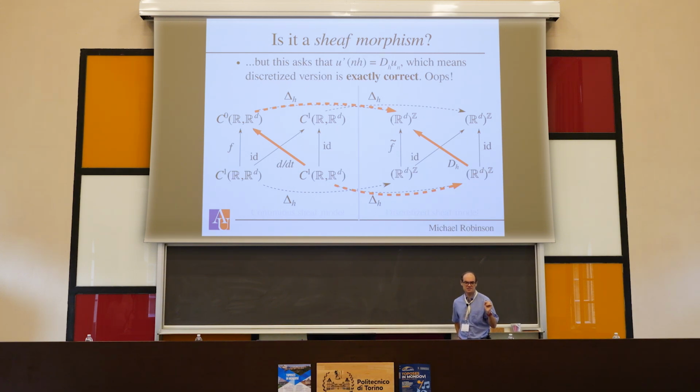Additionally, we know that the category of sheaves is a topos. So we have exponential objects, yes? This not-quite natural transformation that we tried to draw here really then wants to be an object in my category as well.